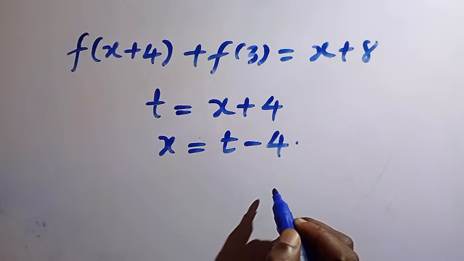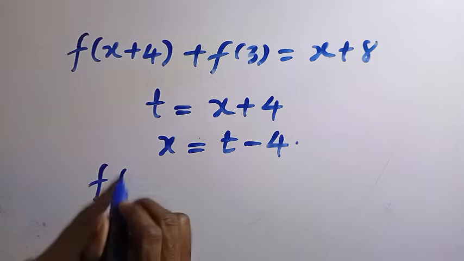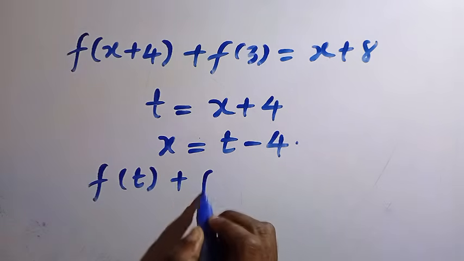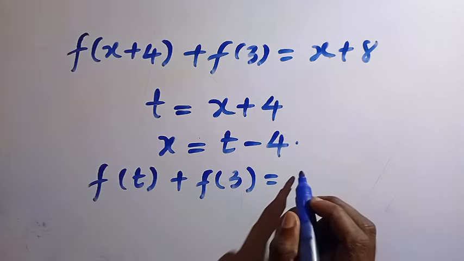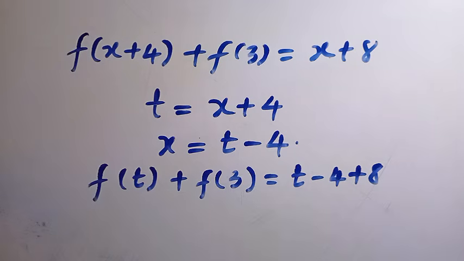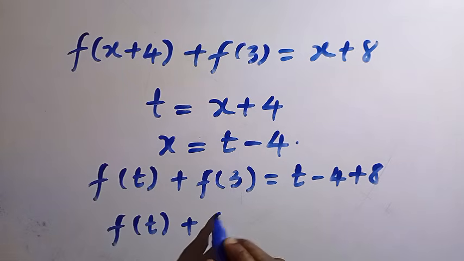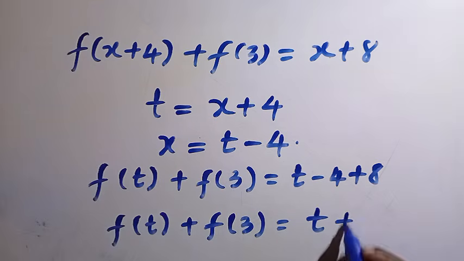On knowing this, we substitute back as we have f of t plus f of 3 equals x, which now becomes t minus 4 plus 8. And here gives us f of t plus f of 3 equals t plus 4.